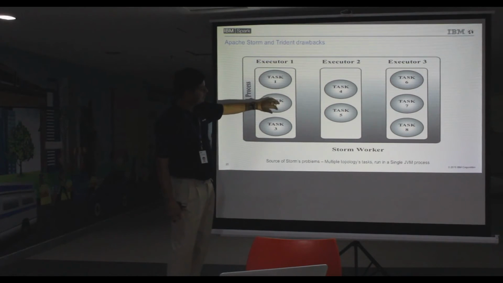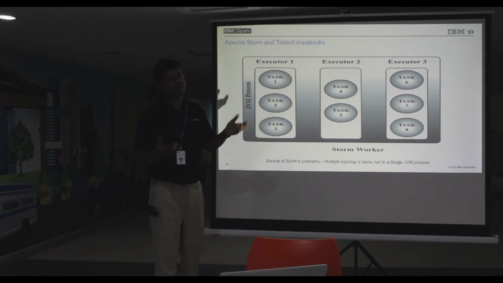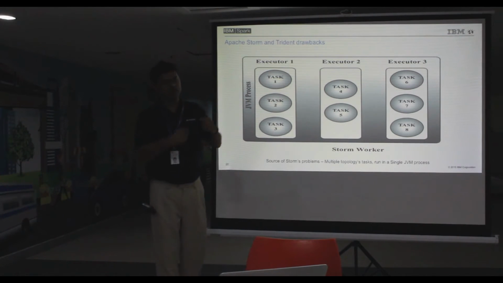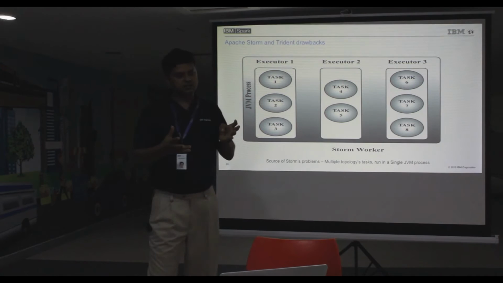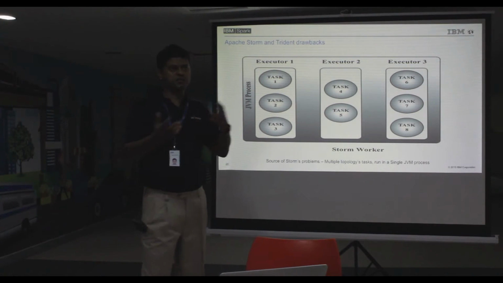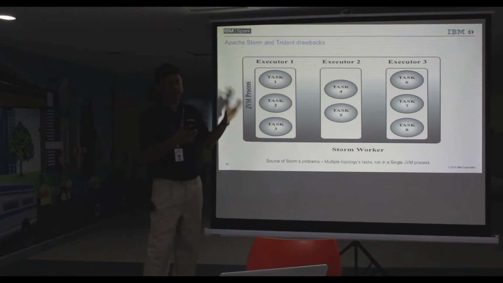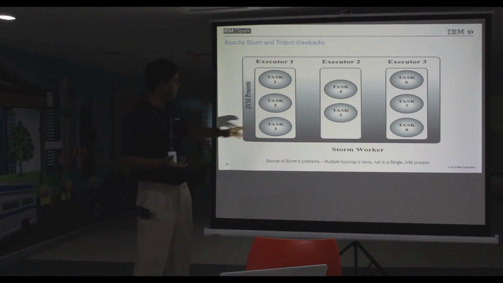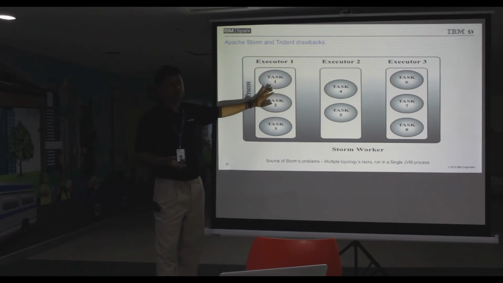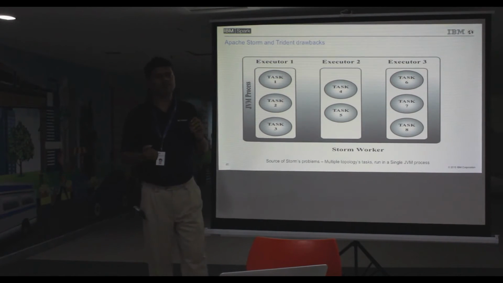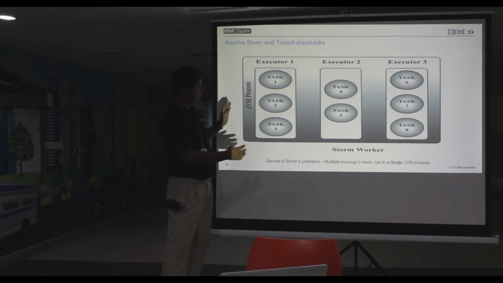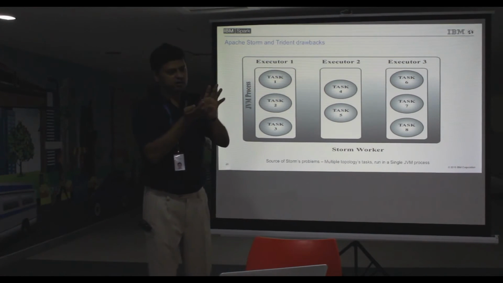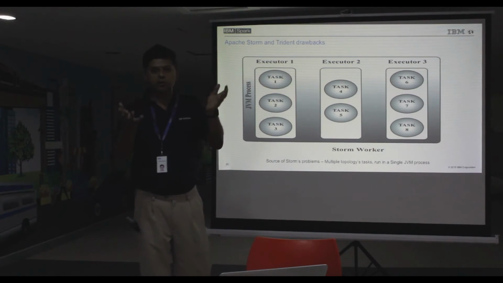But within these tasks, each of these tasks might have different needs. Let's say this is a spout, this is a bolt, and one spout needs to do a lot of logging. Another spout, another bolt doesn't need logging to disk, but it needs more memory. That became very problematic, and you couldn't even specify with Nimbus that for each of my workers, I want to reserve so much disk, CPU, or whatever, right?